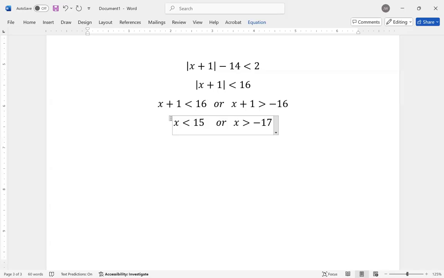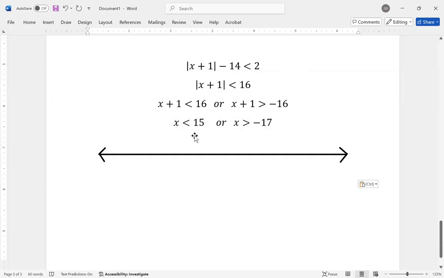Now I have to think about how these two interact on the number line. So once again, if I have a number line, we have two numbers that are of interest to us, the negative 17 and the 15.